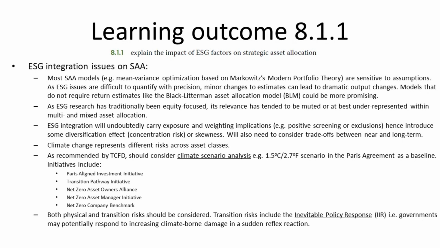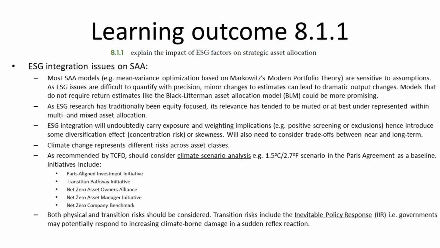Because ESG issues are difficult to quantify with precision, minor changes to estimates can lead to dramatic output changes. So models that do not require return estimates, like the Black-Litterman asset allocation model, BLM, could be more promising in implementing ESG integration.